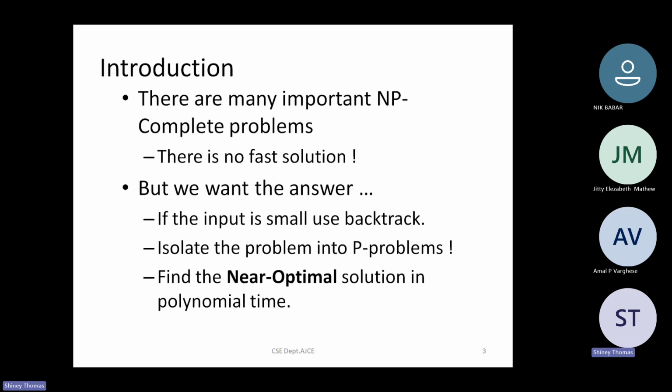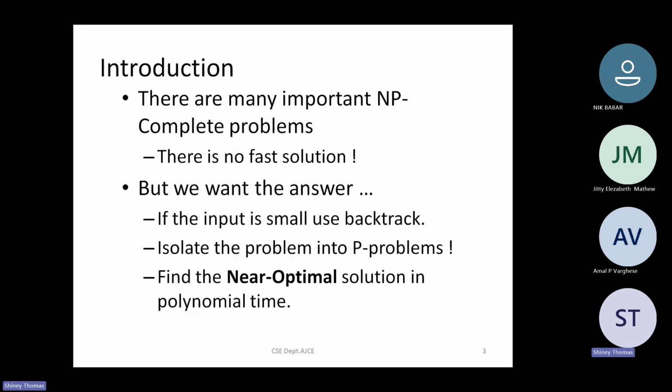So we know what polynomial time running algorithms are, that is P, and then we know what is NP complete and we know what is NP hard. So all the problems that were not solvable, like all the scientists could not even solve them, so we can say that we are also not able to solve them.